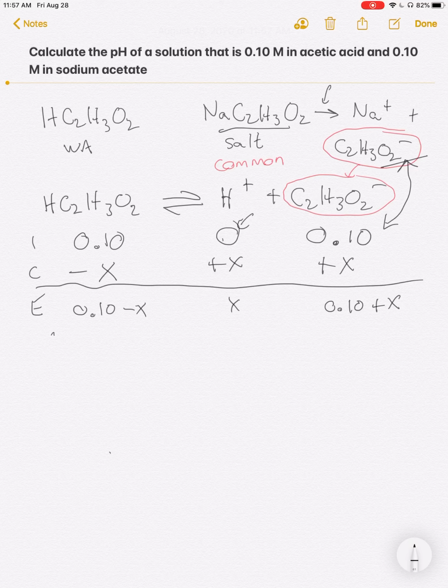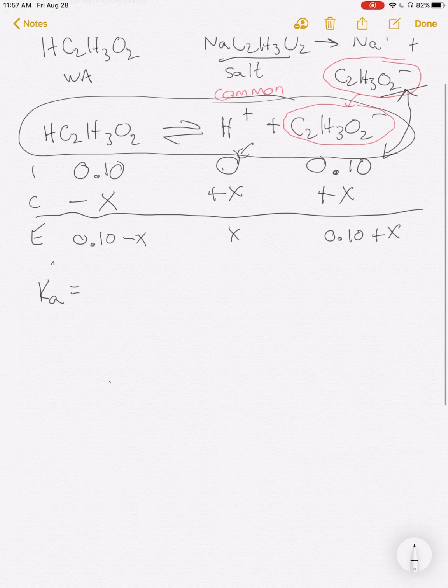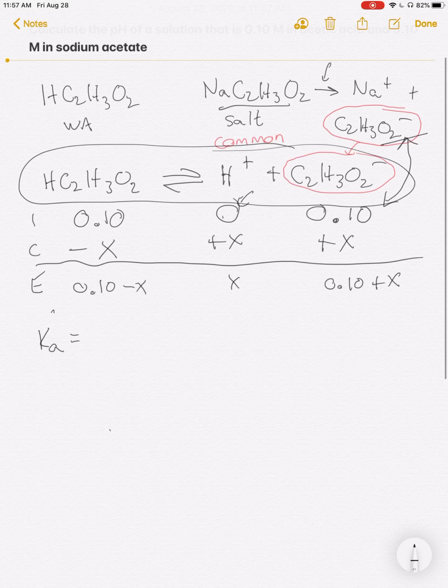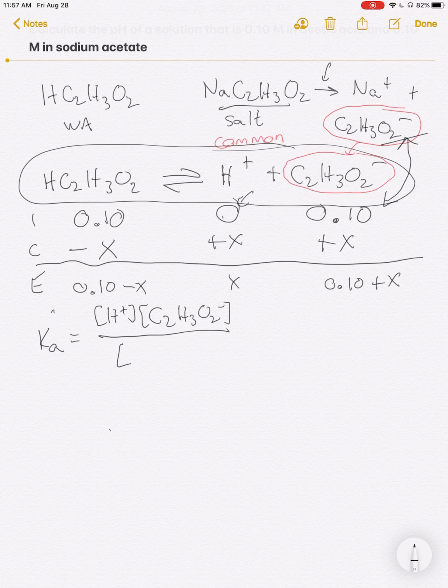Just as we have in the past, we can solve for this X using the Ka expression. And the Ka expression is going to be based on this dissociation. So it will be H plus times acetate ion over acetic acid.